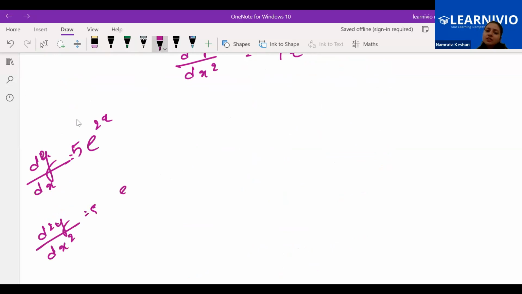The derivative of e to the power 2x will be e to the power 2x only, but an extra 2 will come when we do the derivative of 2x, and that extra 2 will get multiplied with 5. So directly 5 into 2, 10, we can write. Am I making sense to you?